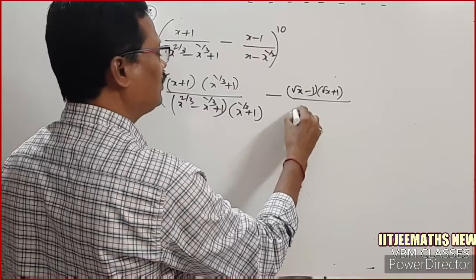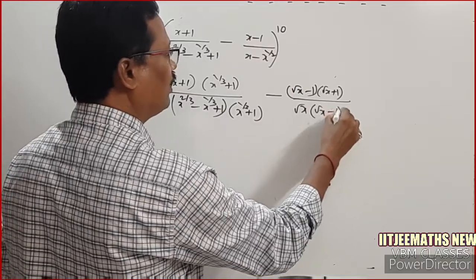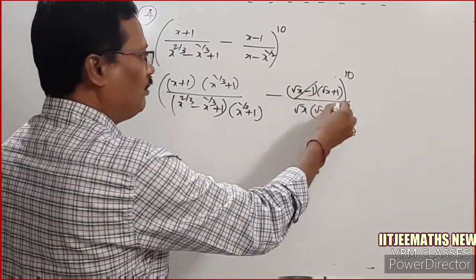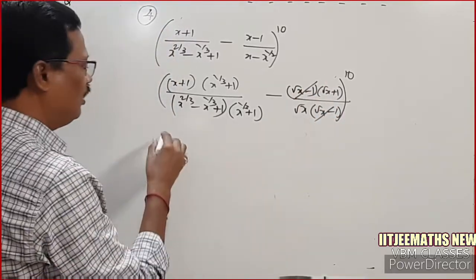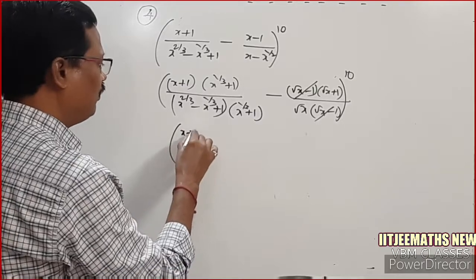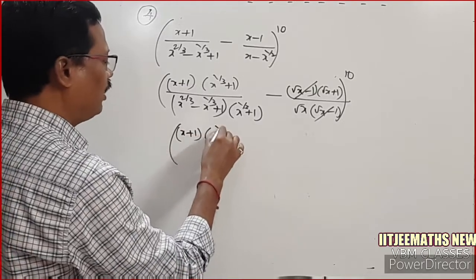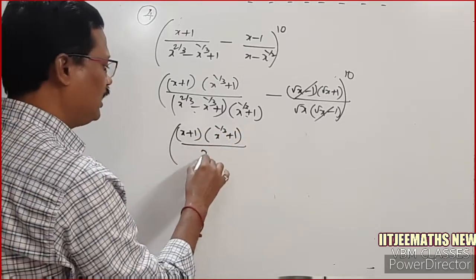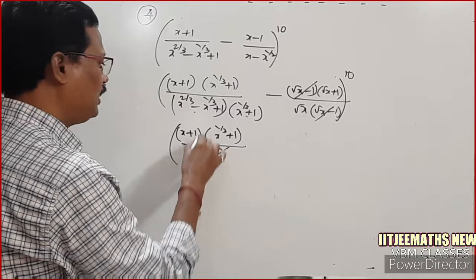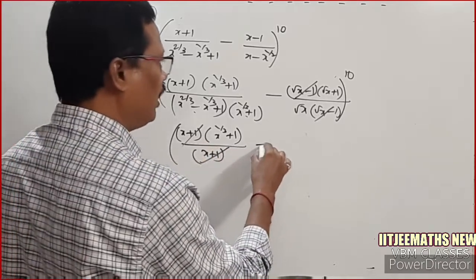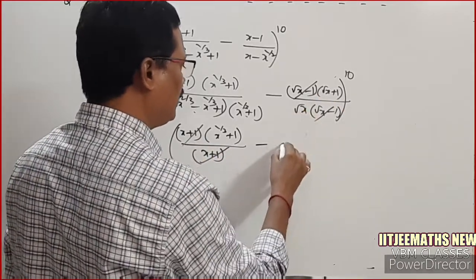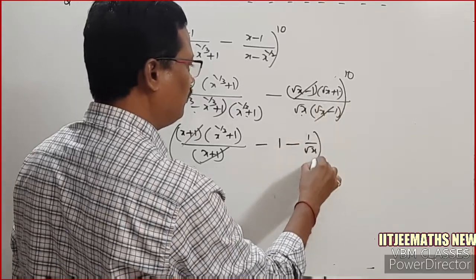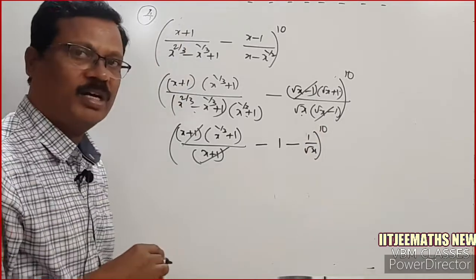In the denominator root x is common, root x minus 1 whole to the power of 10 is there. Now here root x minus 1 is cancelled. Here, what about this one, x plus 1 into x power 1 by 3 plus 1, the product of these two is x plus 1. Therefore this x plus 1 is cancelled, minus this root x by root x is 1, minus 1 by root x, whole to the power of 10.